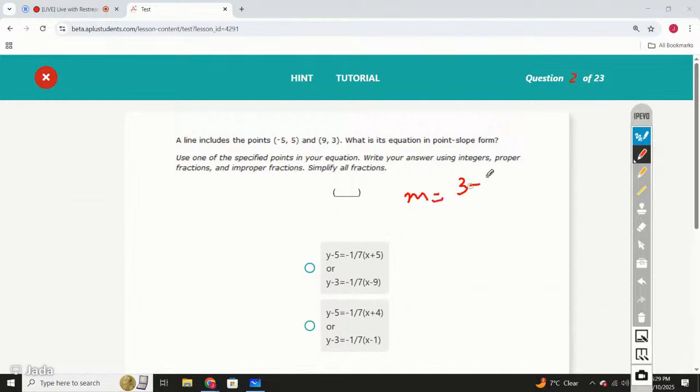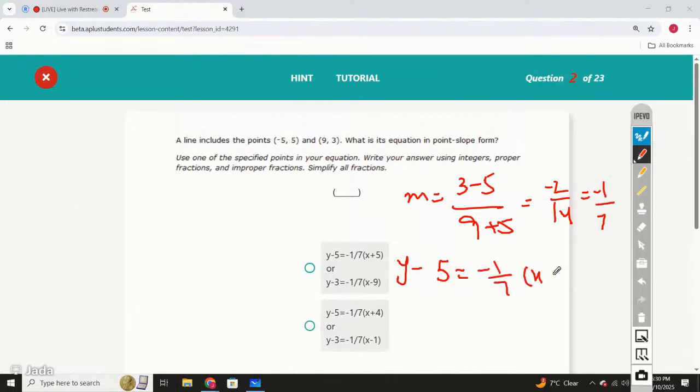Y2 minus y1, 3 minus 5, over x2 minus x1, that is 9 plus 5. 3 minus 5 is negative 2 over 14, that is negative 1 over 7. So the equation is y minus y1 is 5, and then we have m and x minus x1. You can use any of the points, so we can make two equations.